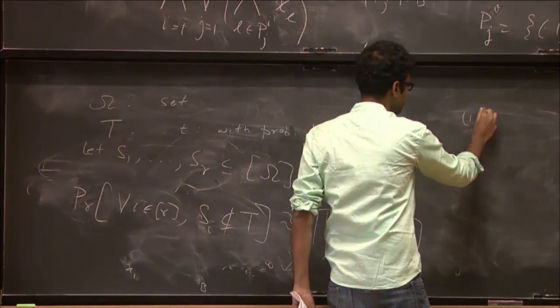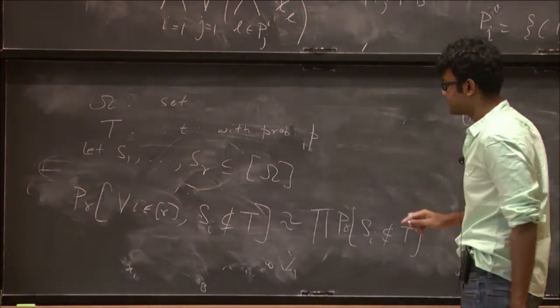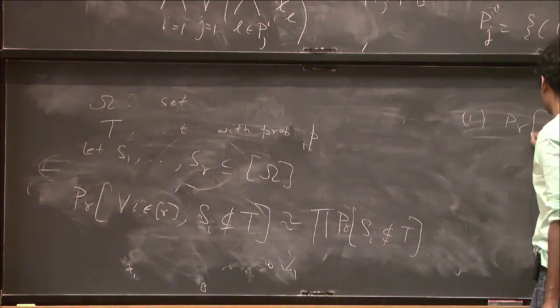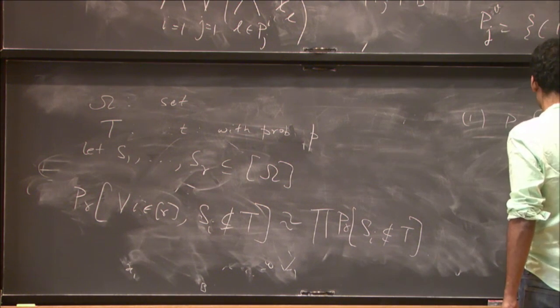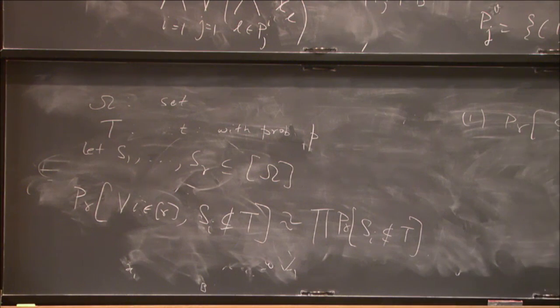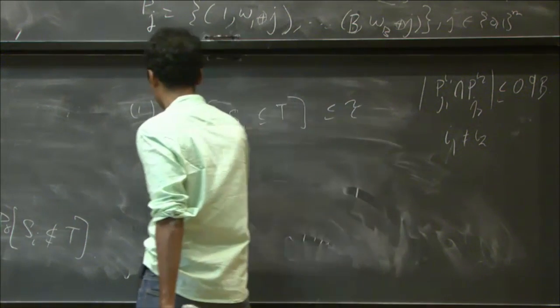The first is that none of the sets are too large, so the probability of Si contained in T is bounded by some tau.